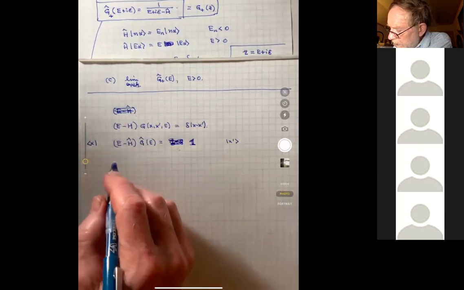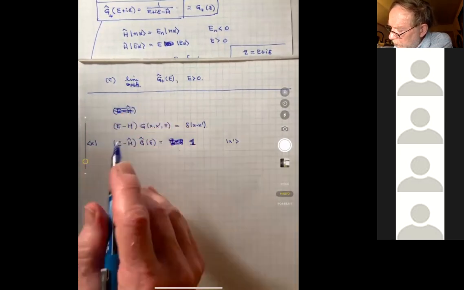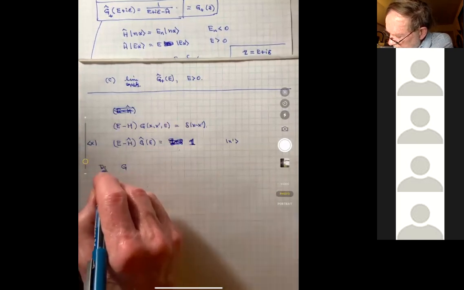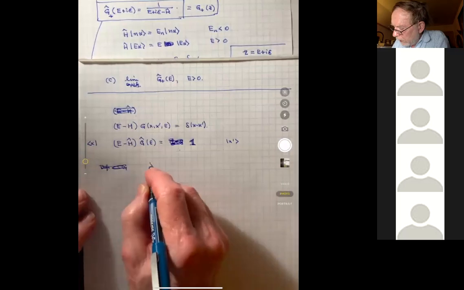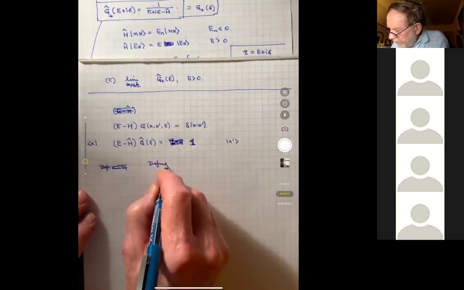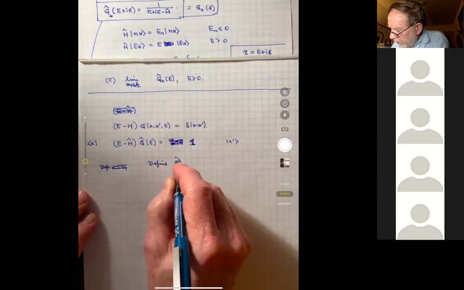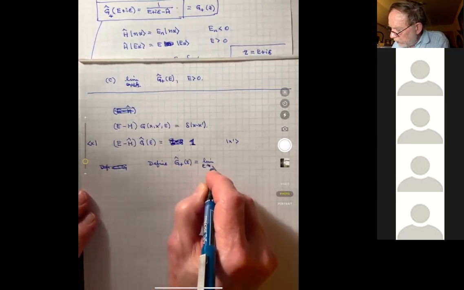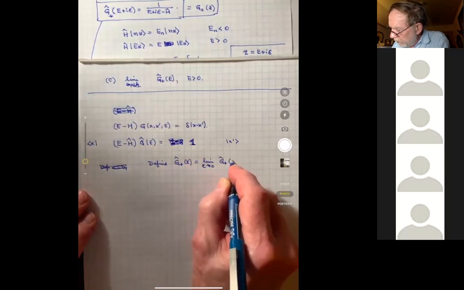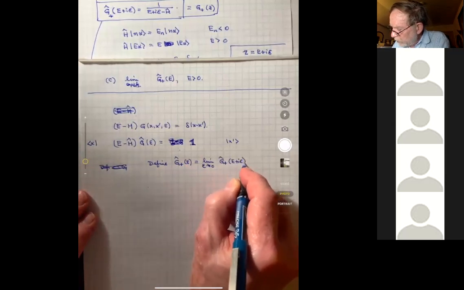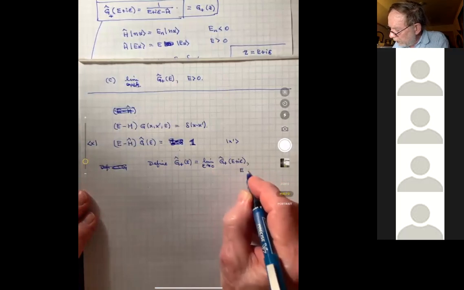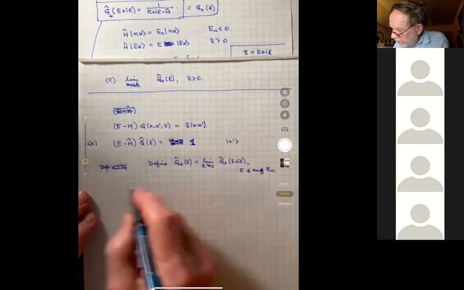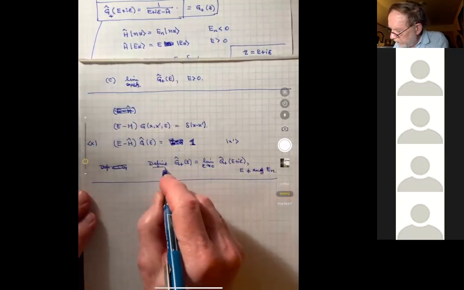All right, in any case, let's define G plus as an operator of energy E equal to the limit as epsilon goes to 0 of G plus of E plus i epsilon, which works as long as E is not equal to any E n. All right, so let's make that definition.